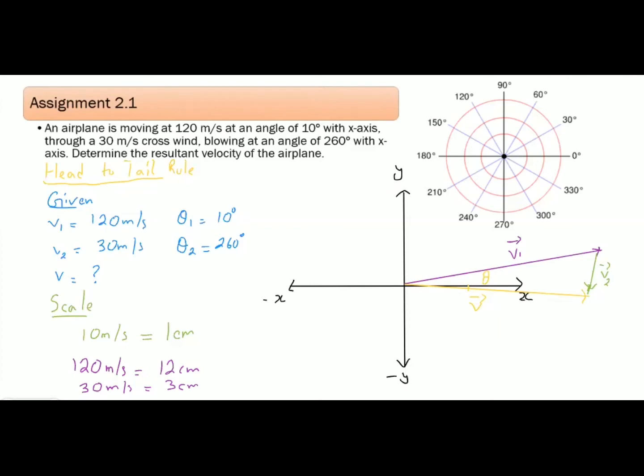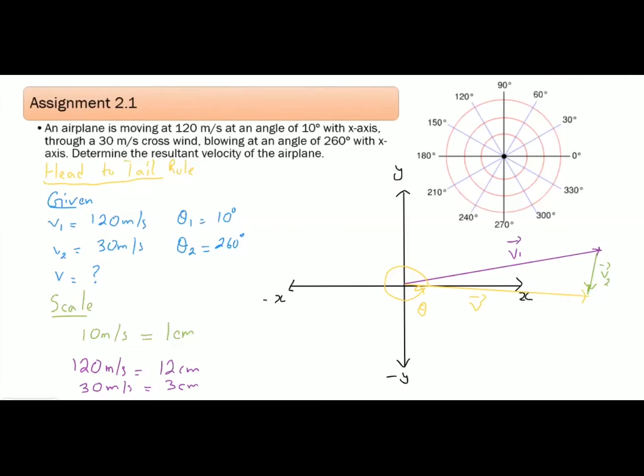You can simply find out its direction by using the protractor. Its direction is measured from the positive x-axis in the anti-clockwise direction. This will be the angle for this resultant vector. And you can find out the magnitude of this velocity vector simply by using the scale.